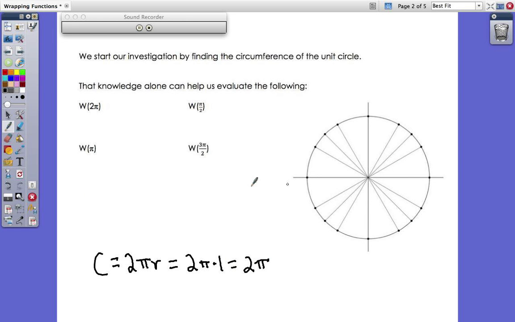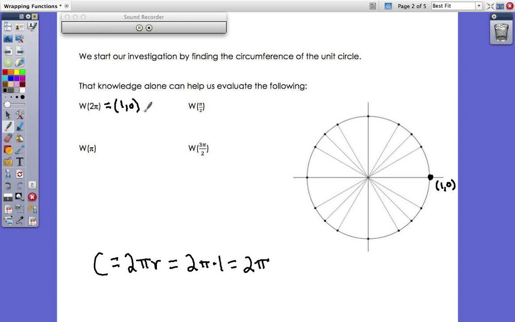So remember what we do when we ask what's a wrap of 2 pi, like this first question right here, that means we're going to start at this coordinate, 1, 0. The little bug starts right there. And he's told to walk 2 pi units around the circle. Well, if the circumference of the circle is 2 pi, then he's going to come back exactly where he started. And that little bug's going to tell you his coordinate. That's the output. He'll say he's at 1, 0.